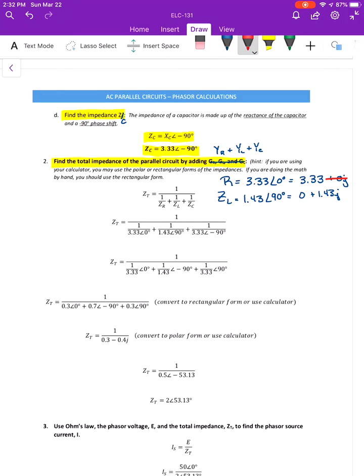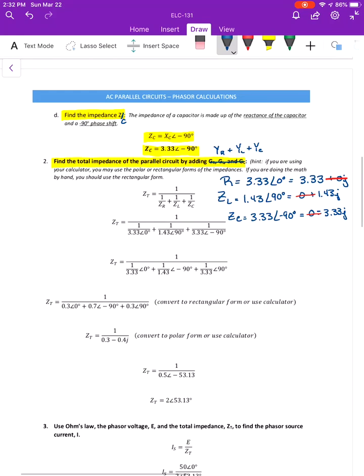And again, since the X portion is 0, we can leave that off as well. And then the impedance for the capacitor is 3.33 at negative 90 degrees, which would be 0 minus 3.33j in rectangular form. And again, since the X portion is 0, we can leave that off. And I think I got rid of my negative. We do have to keep the negative sign there.